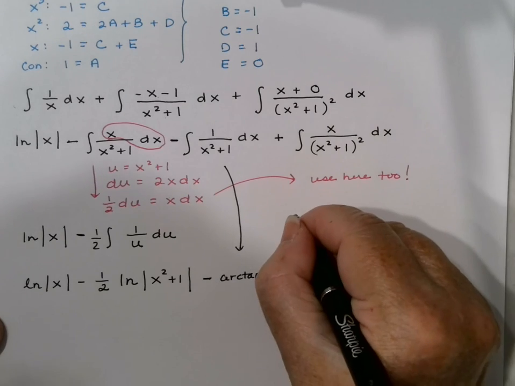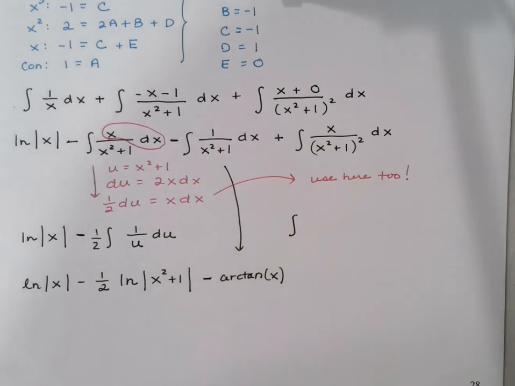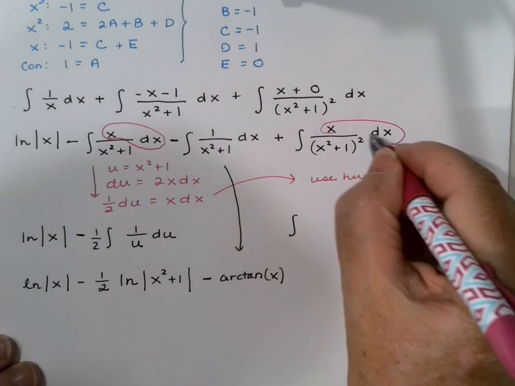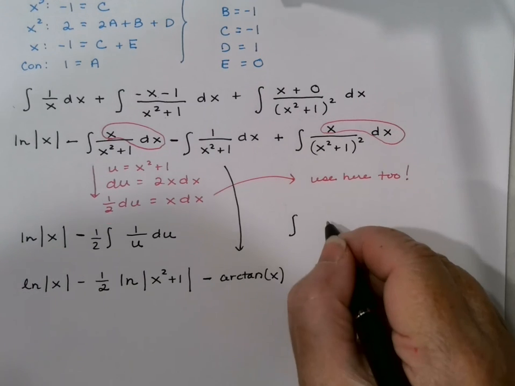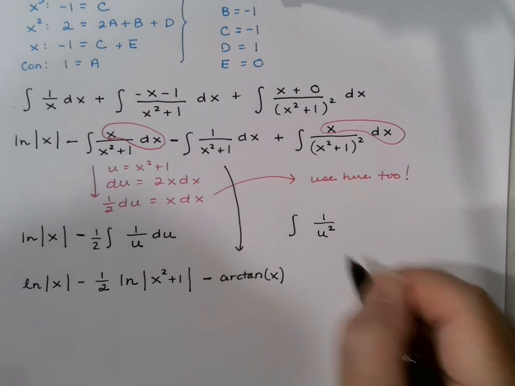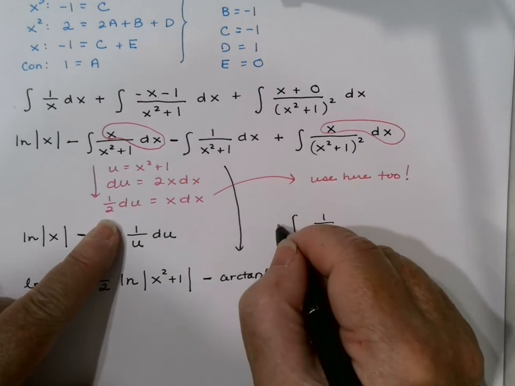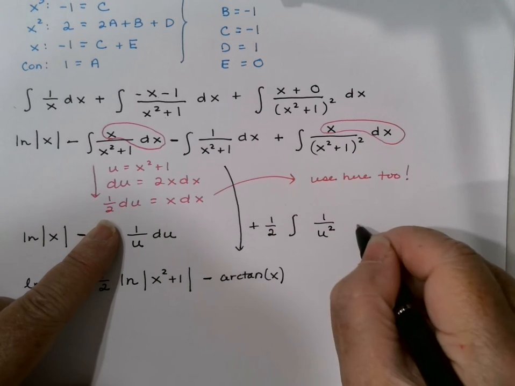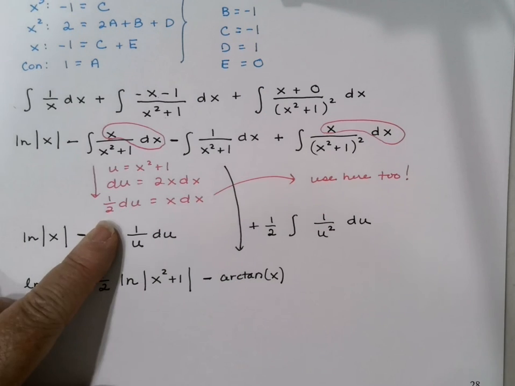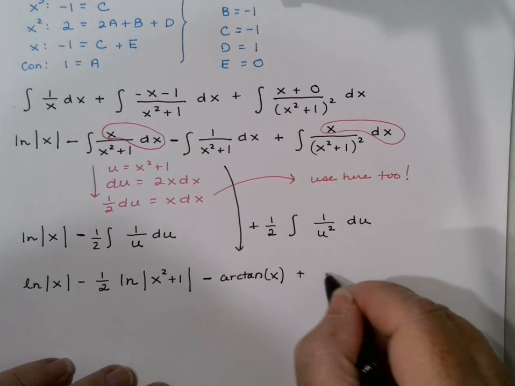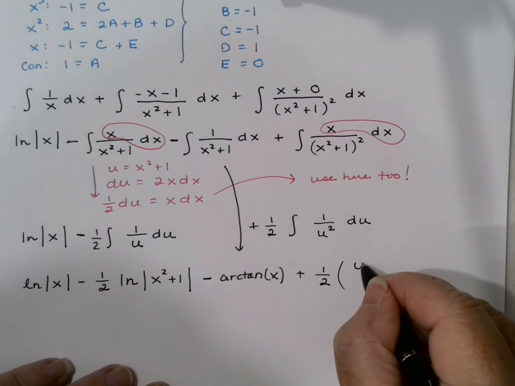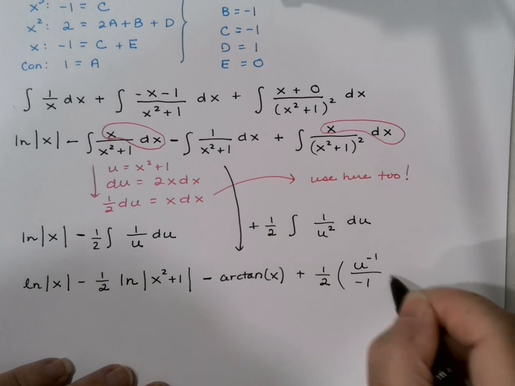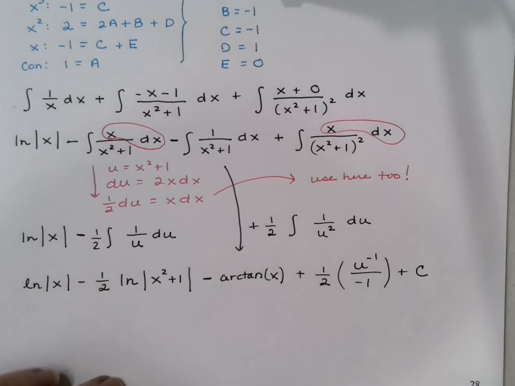And this one, I can actually use that same u substitution, right? So I'm going to have the integral of, let's see, the x dx is the du. So that is 1 over u squared. And x dx actually is 1/2 du. So I'm going to end up with a plus 1/2. That's really u to the negative 2. So the integral would be u to the negative 1 over negative 1 plus C. And I'm just about there.